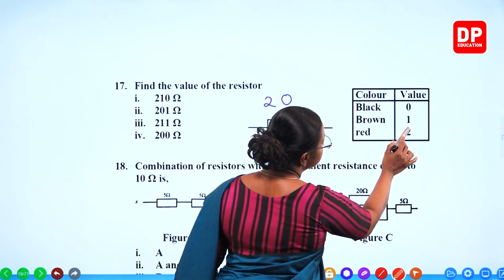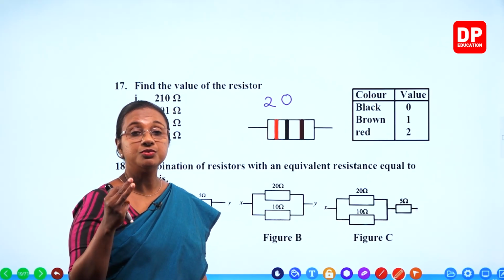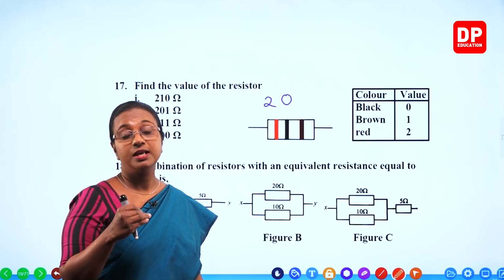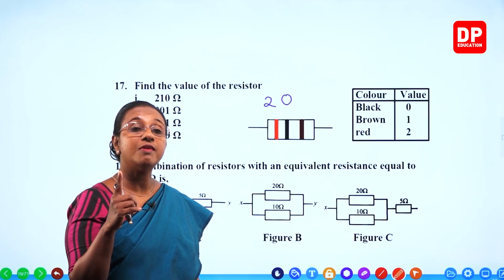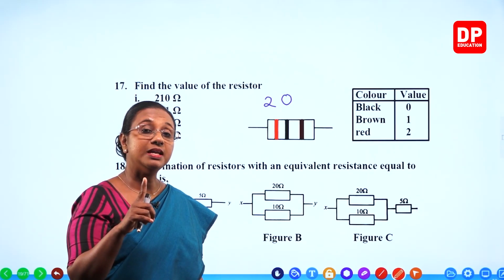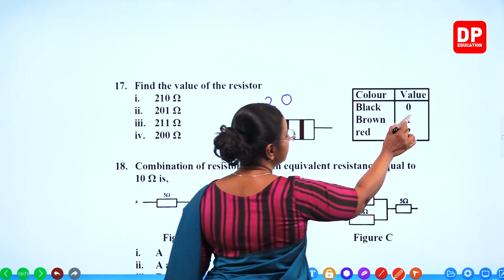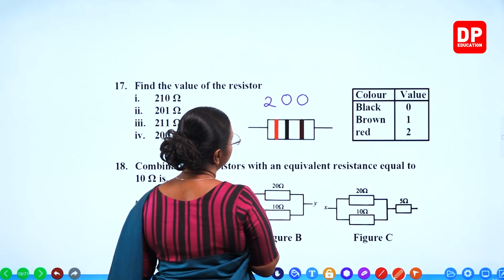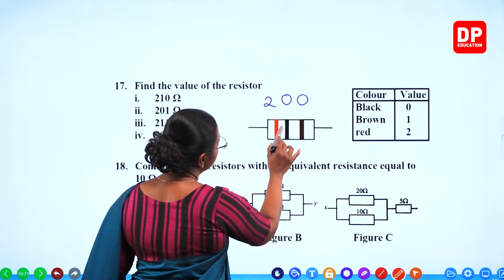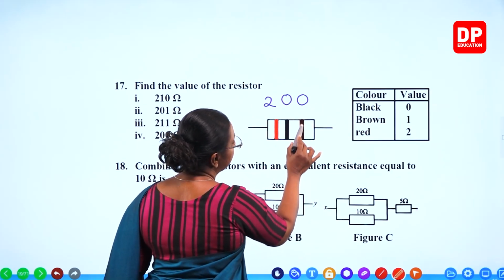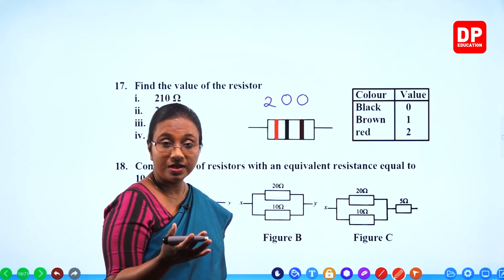Now brown has the value 1, but the third band corresponds to 10 to the power of 1. Index to the 10th power. So 10 to the power of 1 is what? 10. That means there should be one more 0 added to it. So here the value is 1. You need to add one more 0. So the value of this resistor, red is 2, black is 0, and then brown 1. But the third one is the index of 10th power.